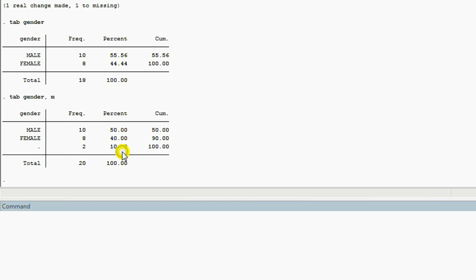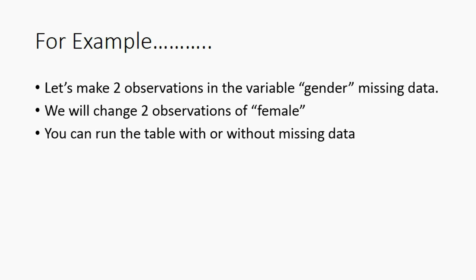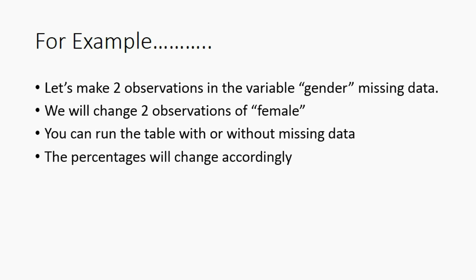So that means 10% of the data is missing because it's 2 out of 20. And the total amount then goes back to being 100% if you run the table with the missing values. You'll notice if you run the table with and without the missing data, the percentages will change accordingly.